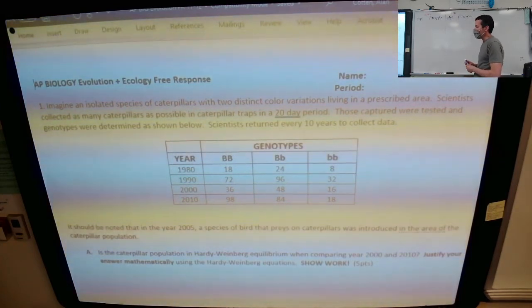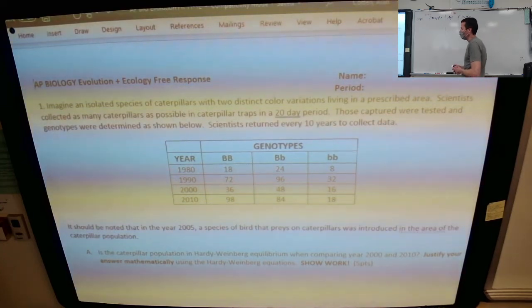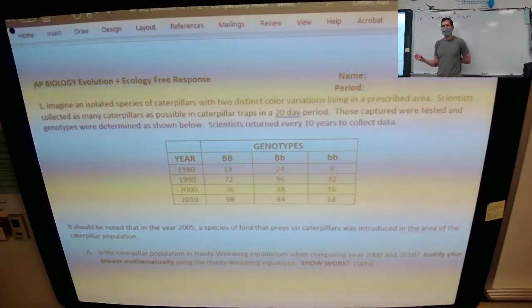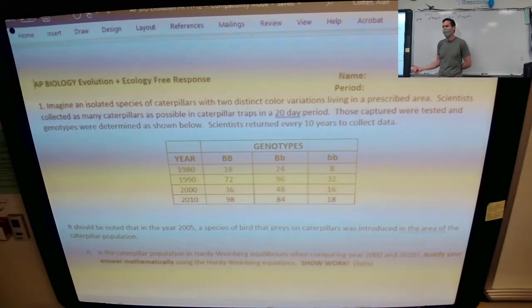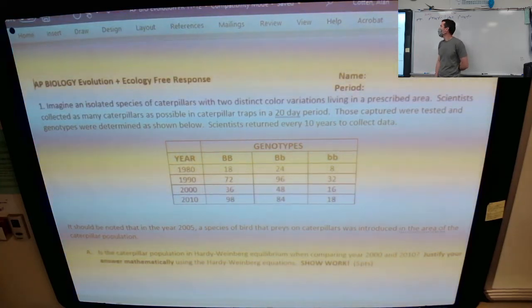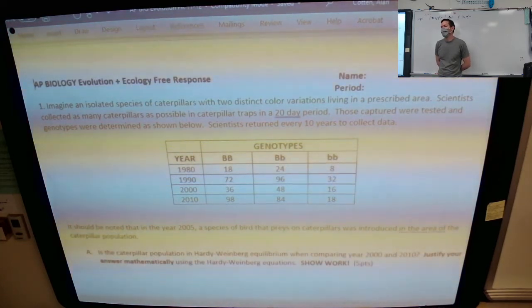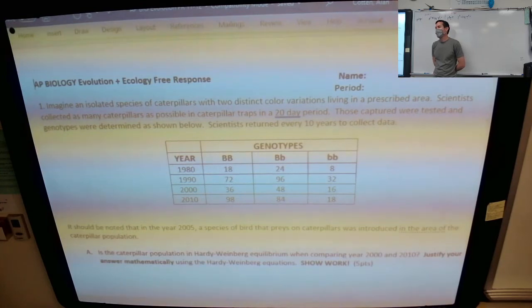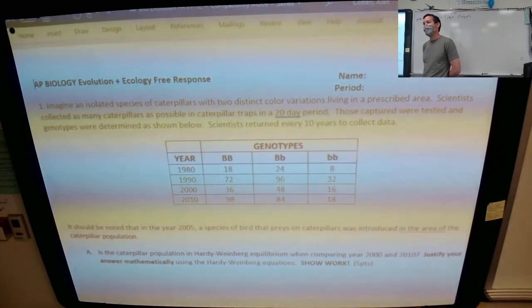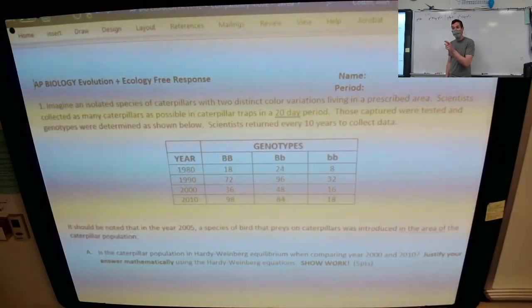All right, so is the population in equilibrium or not? What would it look like if they were in Hardy-Weinberg equilibrium? The ratios of genotypes would have to be the same, specifically the alleles.